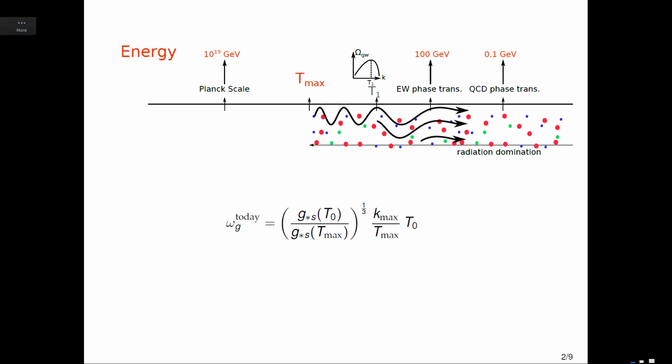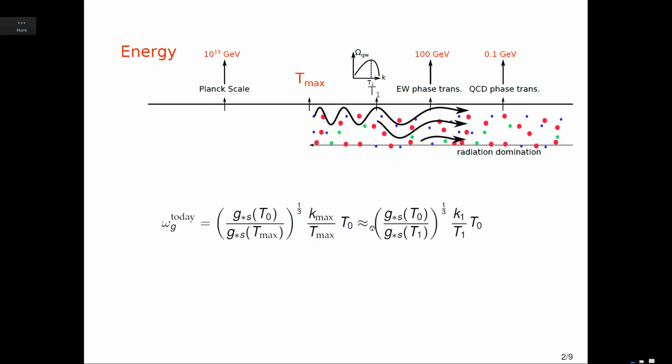The crucial thing here is that these g-star functions do not change a lot above the electroweak phase transition. Therefore, this is approximately the same when you evaluate the g-star functions at T1. This is the crucial reason why the gravitational waves here and here get roughly redshifted to the same frequency today.